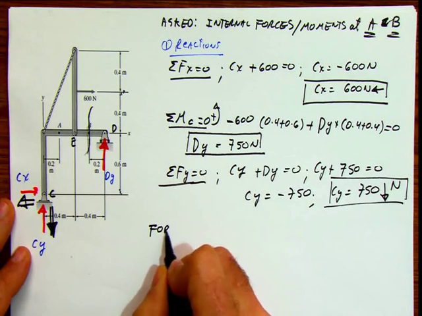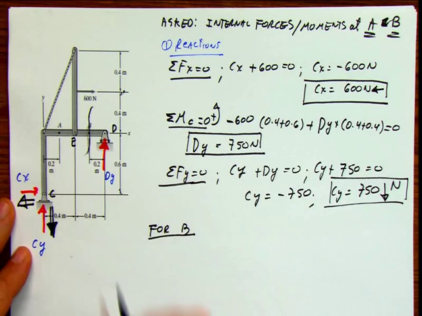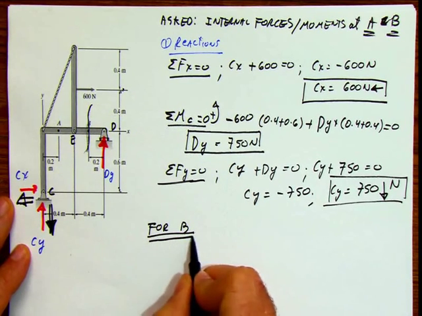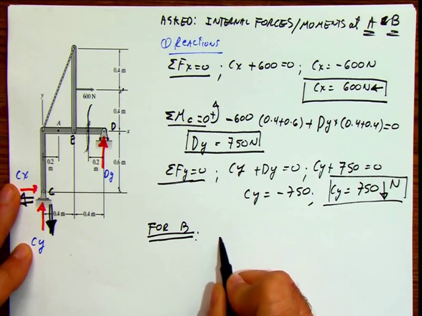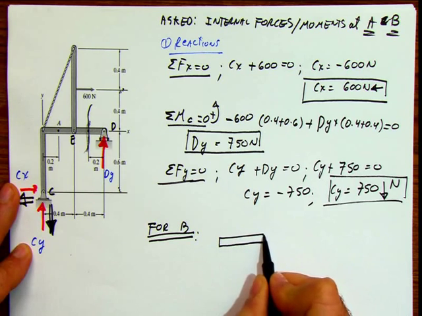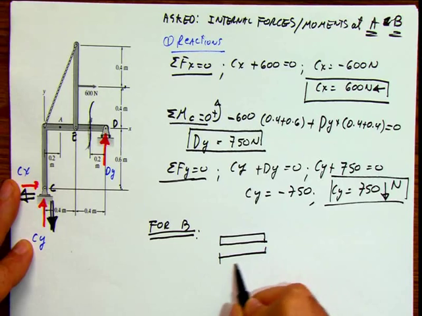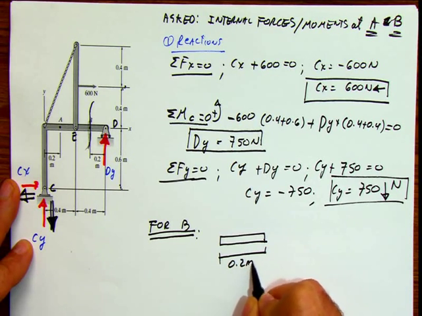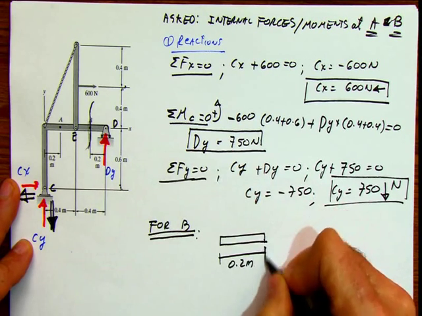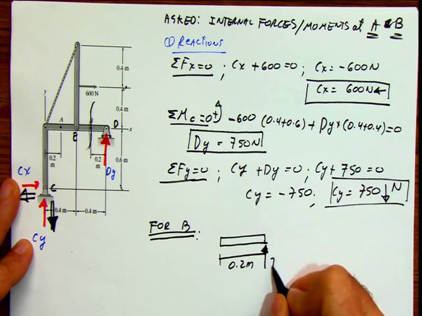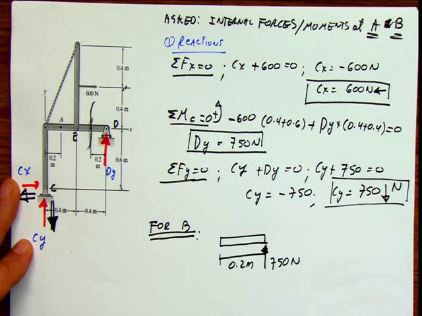For the point B, what do you do? You do a section over there. If you do that section, what you're going to have is this. This distance is 0.2 meters, and I have a reaction Dy in this part, and that reaction Dy is 750 Newtons.